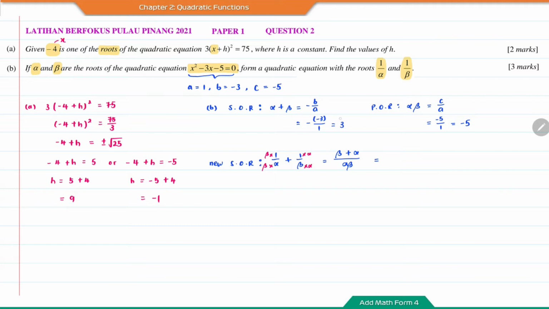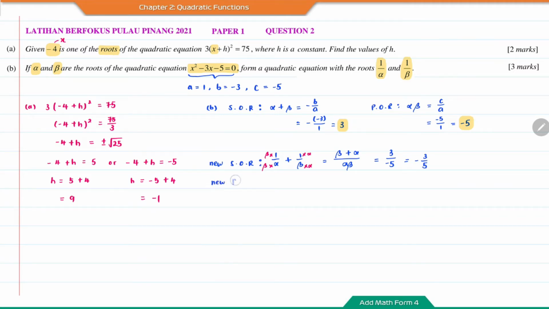The value of alpha plus beta is equal to 3 and the value of alpha beta is equal to negative 5. So that is the one that we're going to substitute into here. So the numerator, which is beta plus alpha, we're going to substitute with 3 and alpha beta with negative 5. Therefore, the value is going to be negative 3 over 5.